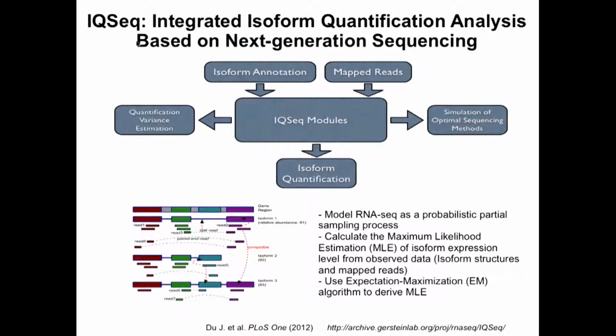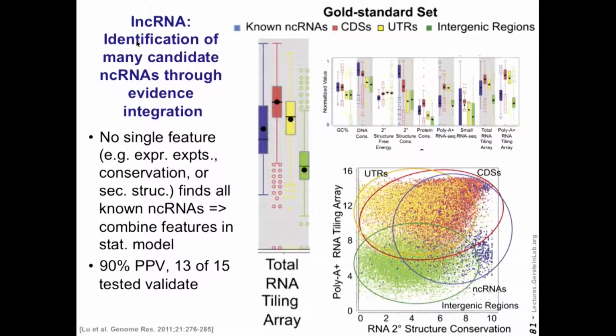There's another thing people do with RNA-seq, they look for new transcripts, they also look for new regions that are transcribed in the genome. And so this is a tool called, this is another wonderful acronym I'll explain to you. It's called IncRNA. The idea is that this tool is supposed to do integration of lots of pieces of evidence.